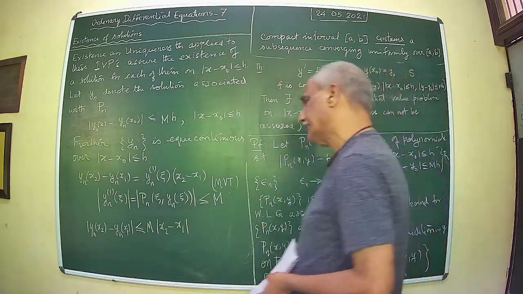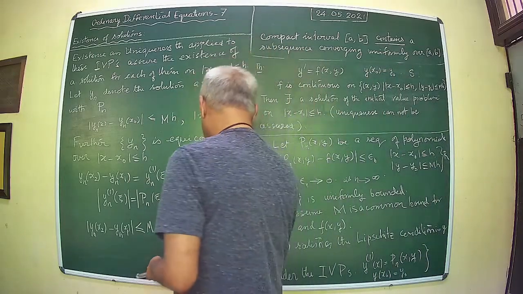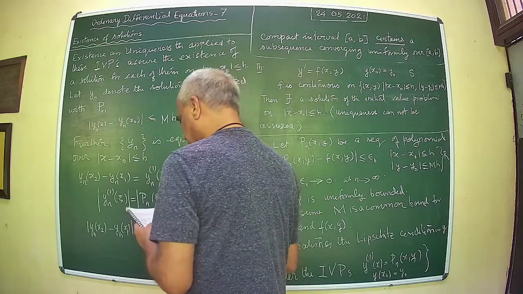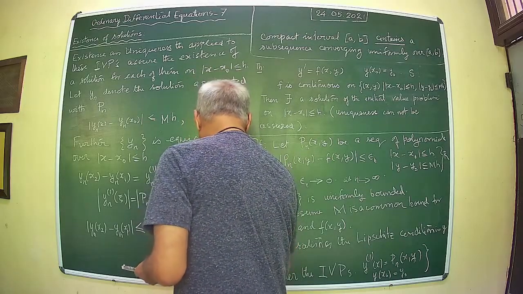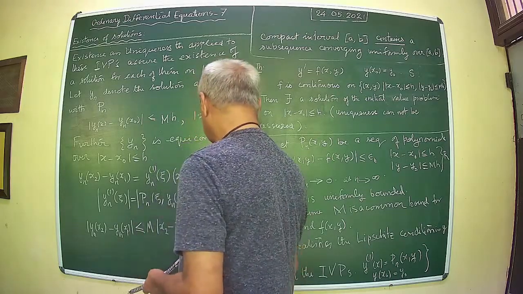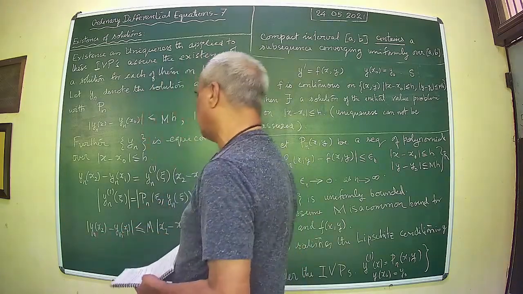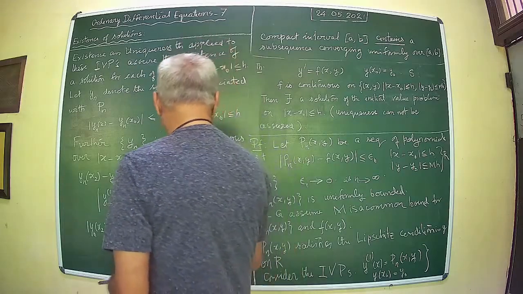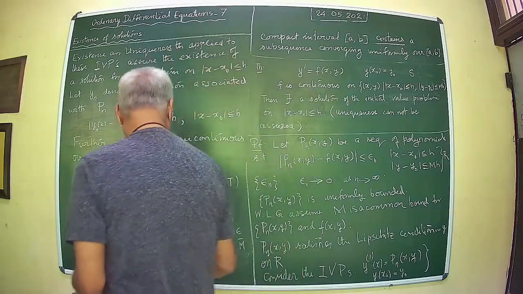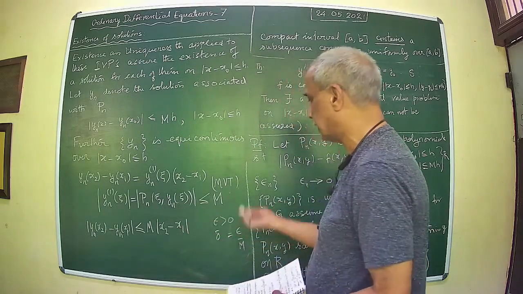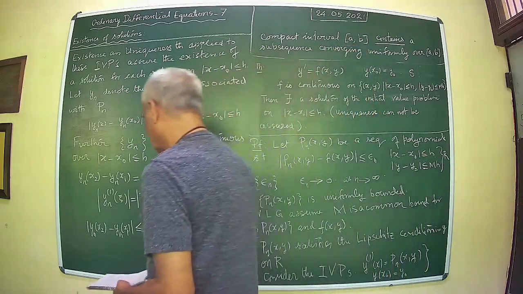Now what you do is, given epsilon positive, you can find a delta; you choose it as epsilon by M. If you do that, then you see that yn x2 minus yn x1 is less than epsilon for mod x2 minus x1 less than delta.